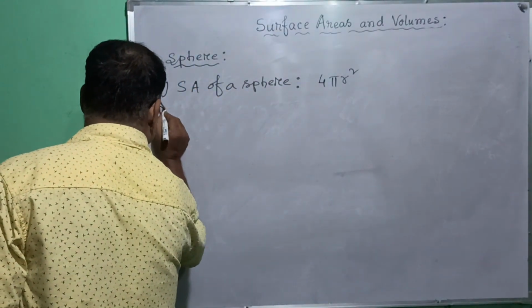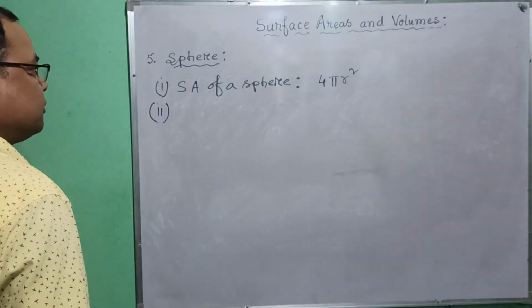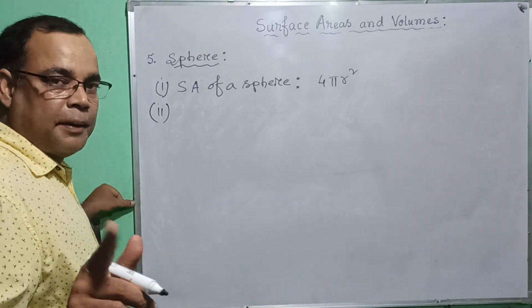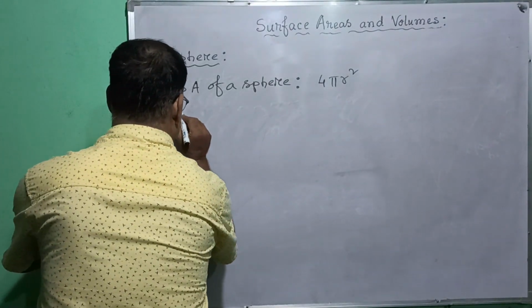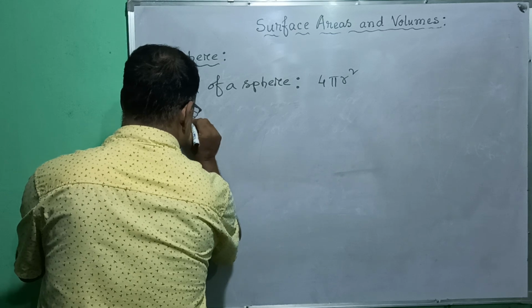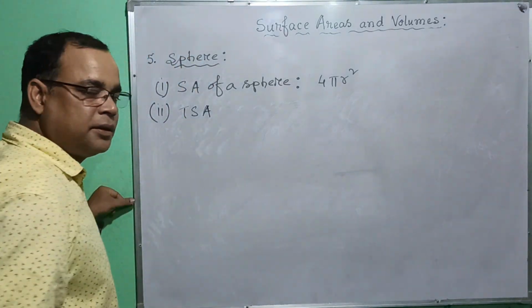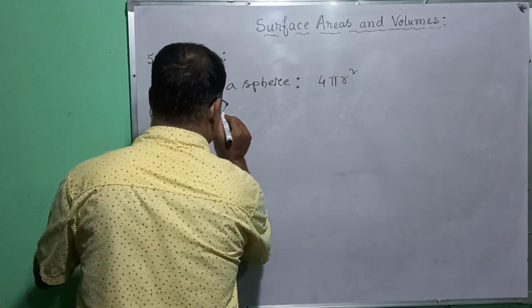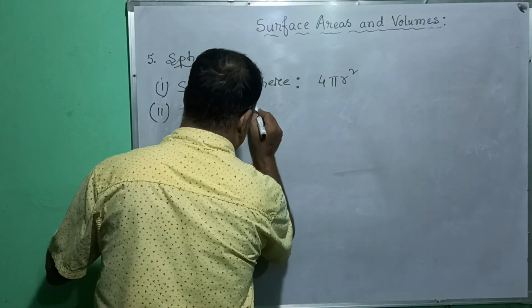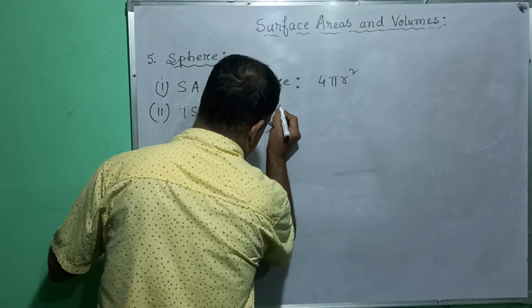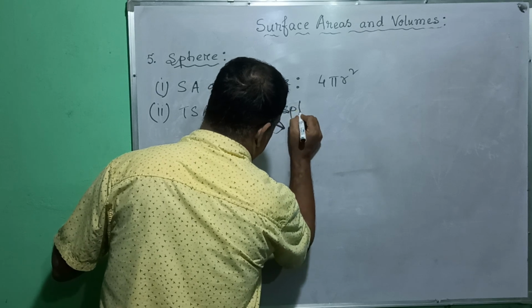Number 2, now we'll write hemisphere. In case of a hemisphere, we can write the total surface area, TSA, of a hemisphere. In case of a circle, half of the circle is called a semicircle, but in case of a sphere, it is called a hemisphere. That one you must remember. So the total surface area of a hemisphere.